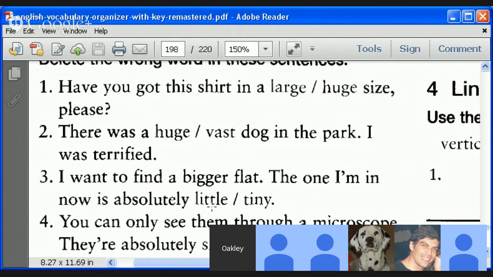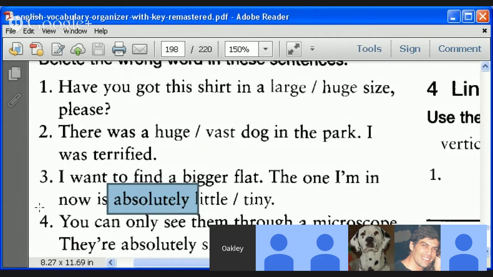But we probably wouldn't with this more extreme adverb. In general, with a more extreme adverb, we use a more extreme adjective. So, absolutely tiny. Yes. It's not actually a rule, but a general guideline, as so many things are in English. We're going to use more extreme adverbs with more extreme adjectives.